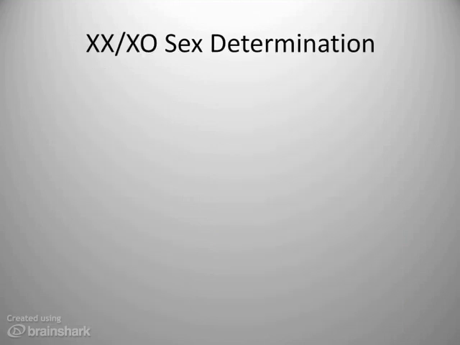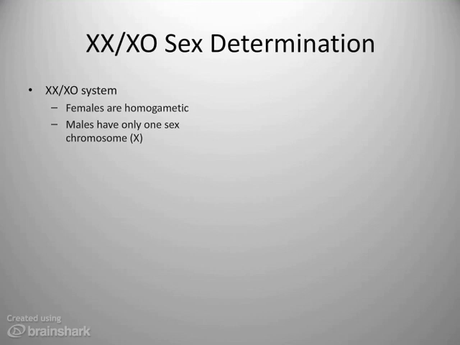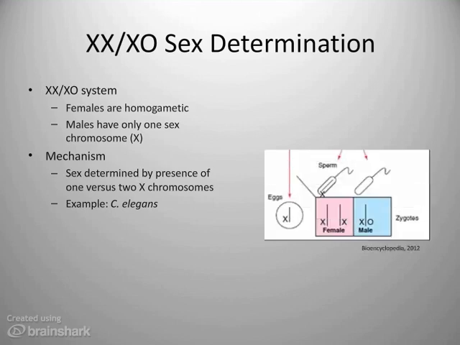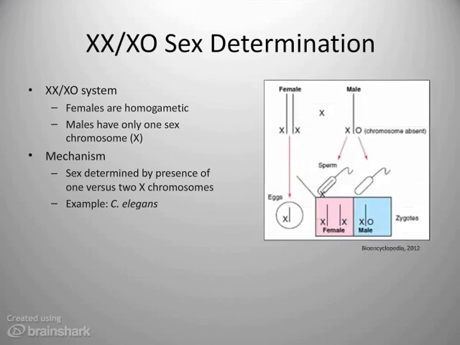Similar to the XX/XY system is the XX/XO system. Here, the females are homogametic, just like in the XX/XY system, and the males are heterogametic. However, in this case, the presence of one X chromosome, or no other sex chromosome, so denoted by an O, versus two X chromosomes determines the sex, as depicted in this figure.